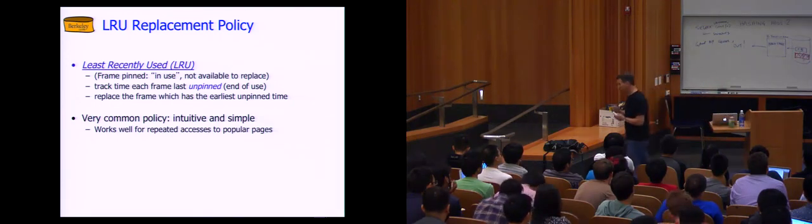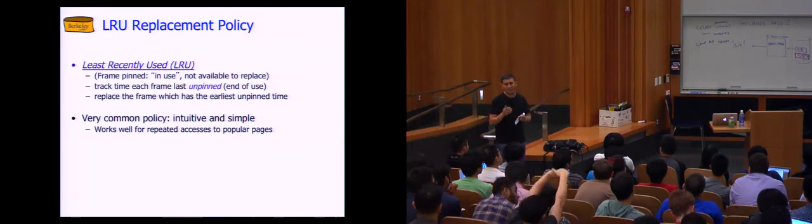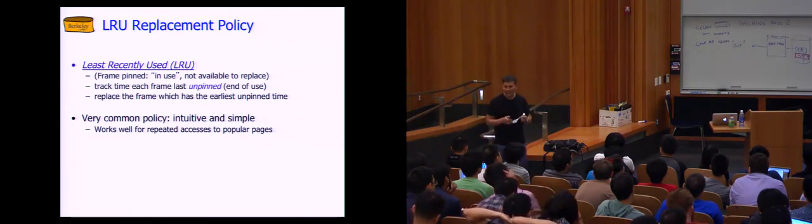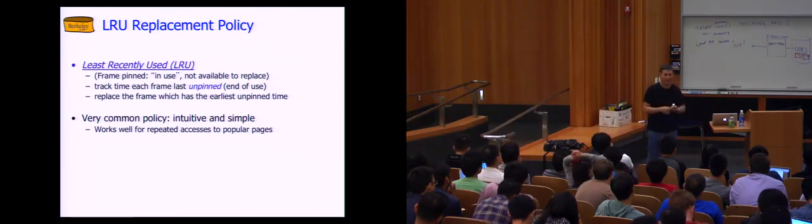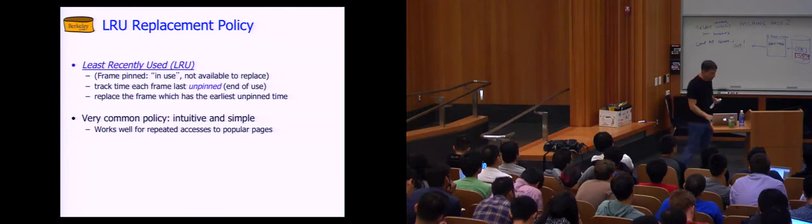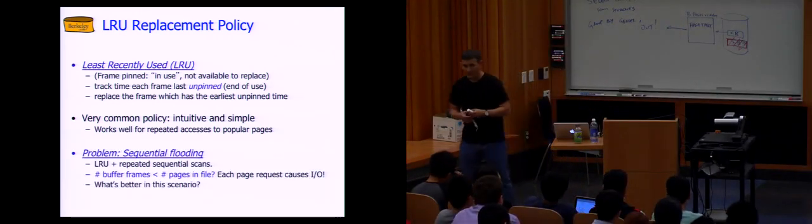The infrequently used pages will get loaded in infrequently, and then they won't get used for a while, and they'll get paged out, and that's okay because they're infrequently used. So it makes sense for these kinds of skewed distributions of popularity. It's kind of a hot or not policy. It works pretty well. But it doesn't work well for databases in a lot of cases.